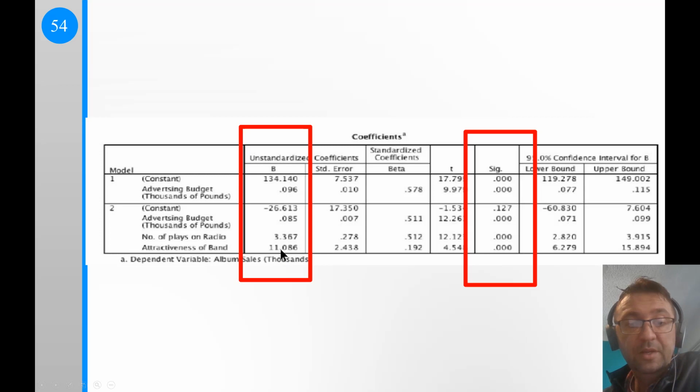For example, I don't think there would be any bands that have an attractiveness of 0, right? So it doesn't make sense. What you have to do then is only interpret this within the range of the real values of these. You still report it as this model, but you don't take this as truly meaningful.